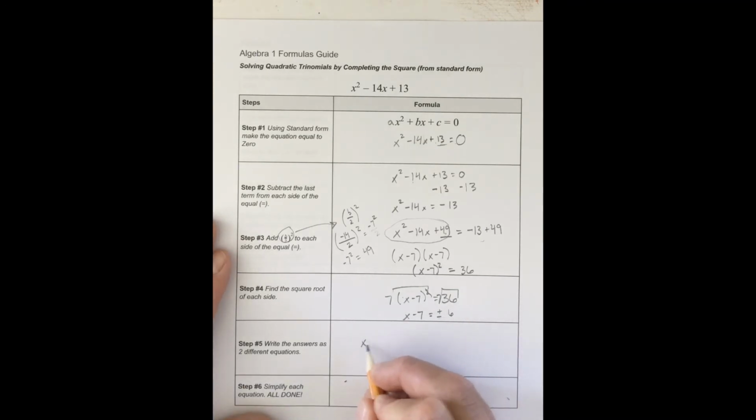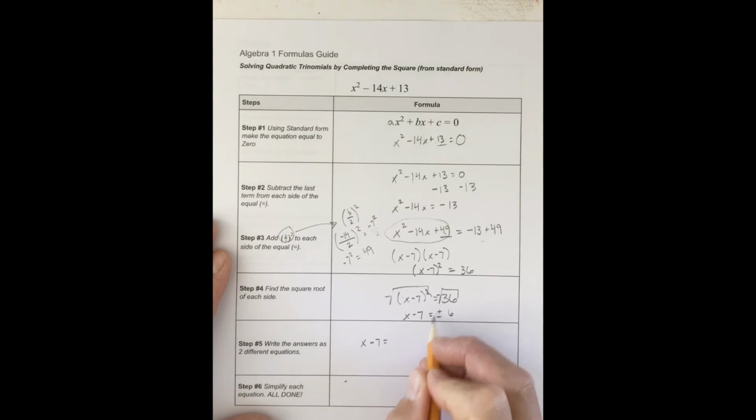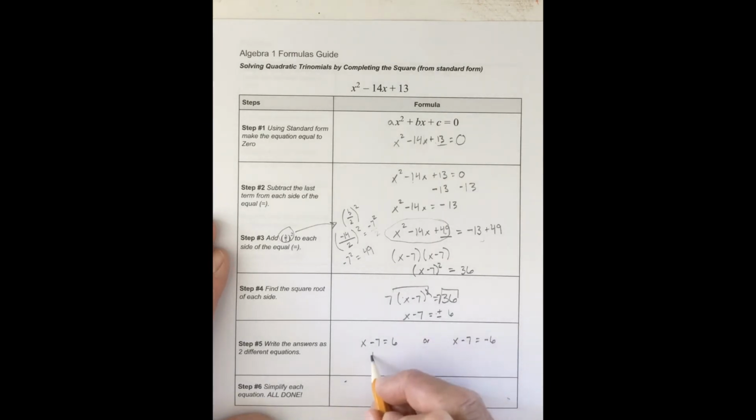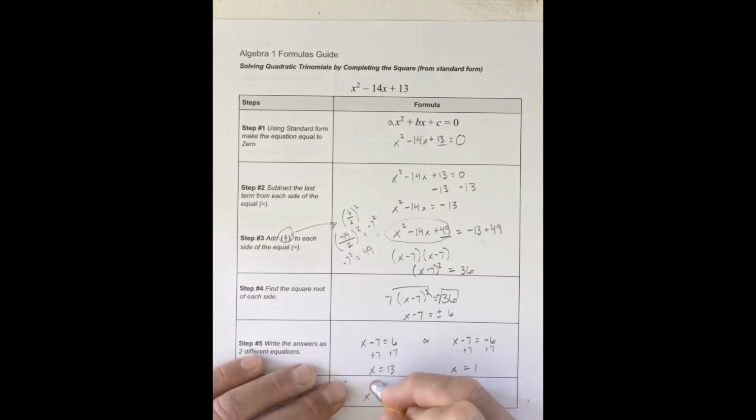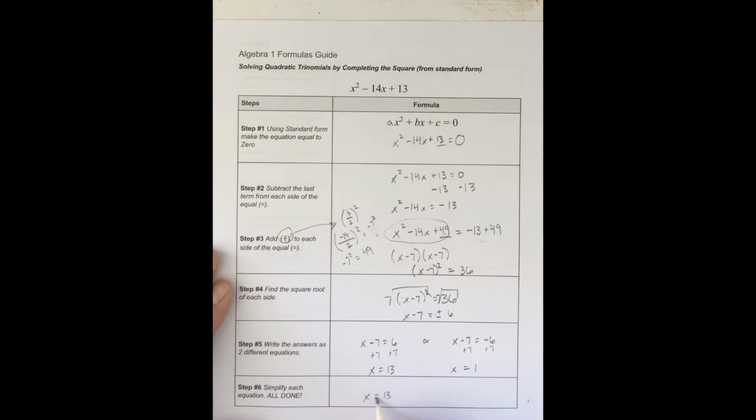So I have x minus 7 equals a positive 6, or x minus 7 equals a negative 6. So I just solve it out, plus 7, so that would be x equals 13, or x equals positive 1. And that's my answer.